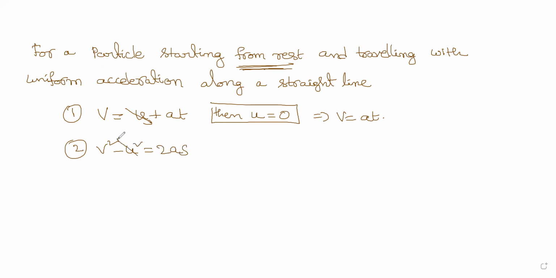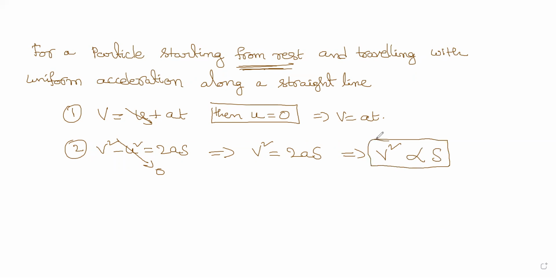Again, set u is equal to 0, you get v square is equal to 2as. And now this gives one thing, v square is proportional to s because acceleration is constant. Sometimes we can write v is proportional to square root of s.